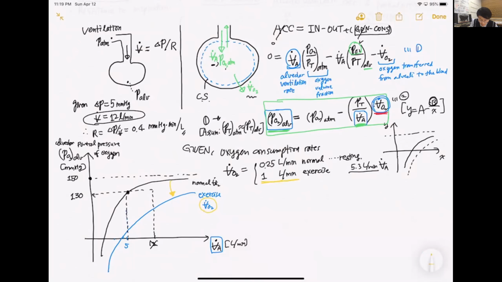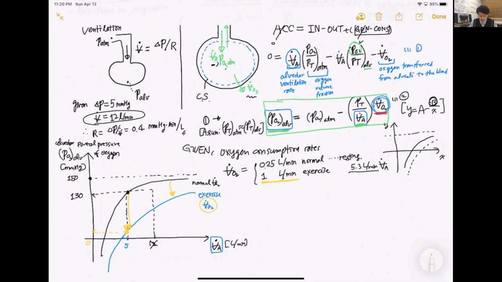So that means, for the same alveolar ventilation rate, it becomes this point, which is very, very low, close to 0. So inside the alveolus, the partial pressure of oxygen precipitously decreases to almost 0, which is, of course, not great in that respect.